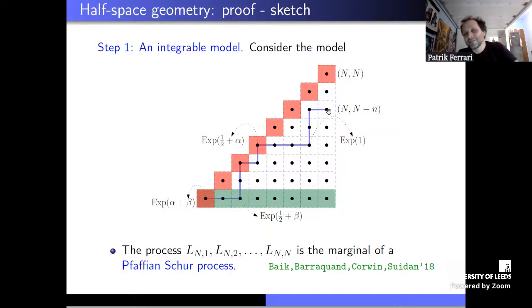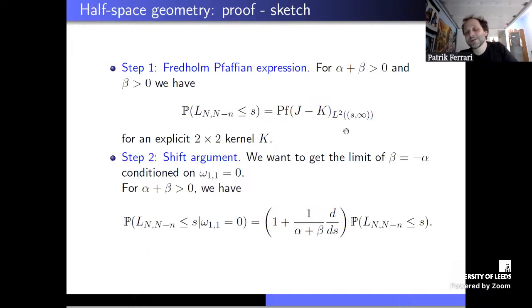In this case, the last passage percolation can be written in terms of not a determinant, not a Schur process, but a so-called Pfaffian Schur process. So one gets, for any alpha plus beta positive, an explicit expression for the last passage percolation in half space.